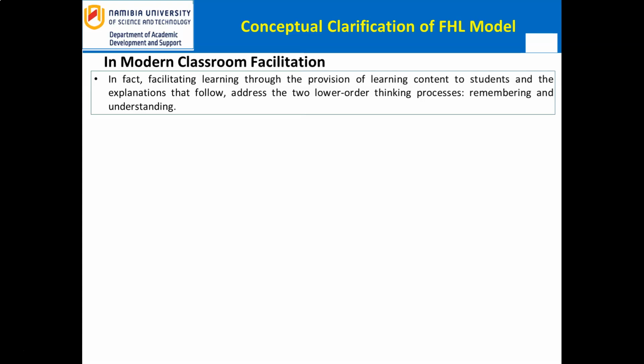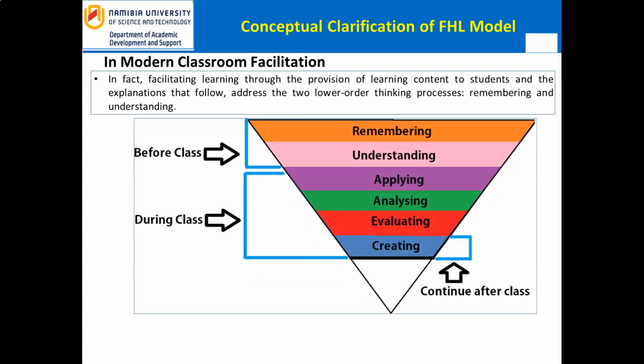Actually, this is the easy part that students can go through on their own outside the classroom if the content is well structured and the explanations of the concepts are embedded within the provided learning materials. The hard part is the achievement of higher-order thinking, including analysis, evaluation, and creation.